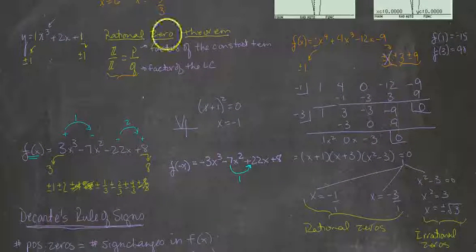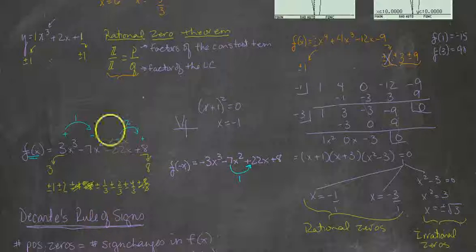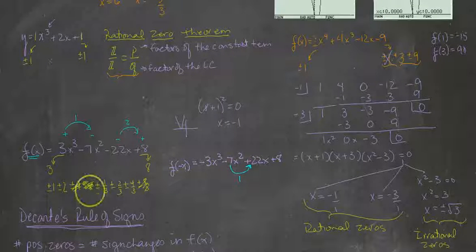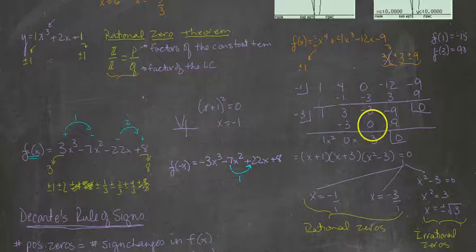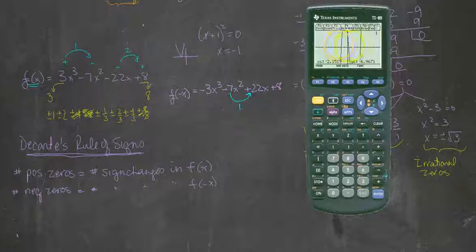I have the rational zeros theorem, which tells me what a rational zero has to be if it is a zero of a function, and then I have Descartes' rule of signs that tells me how many positive and how many negative, so after I find one negative, if I'm expecting one negative, I can eliminate all the rest of them and not even have to try them in the synthetic division. And if I use my graphing calculator, I can look at the boundary on which my zeros exist and eliminate values that fall outside of that boundary.